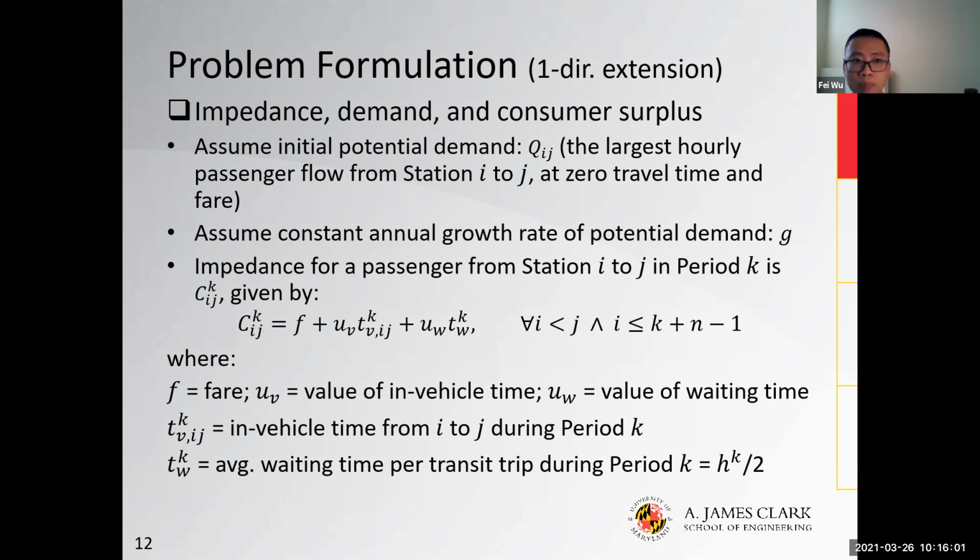For computing the impedance for passengers, we include the fare, the in-vehicle time, the cost from in-vehicle time, and also the cost from average waiting time. We're assuming that the average waiting time for passengers in an OD pair is half of the headway of these trains. For the demand, we also have an annual growth rate, which is G percent in a year.